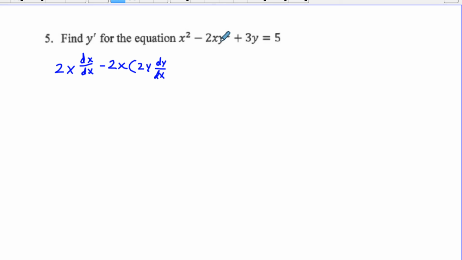times, using the chain rule, the derivative of the inside. Well, the derivative of the inside is 1, so that's going to be it.